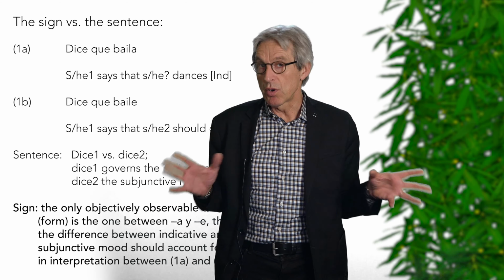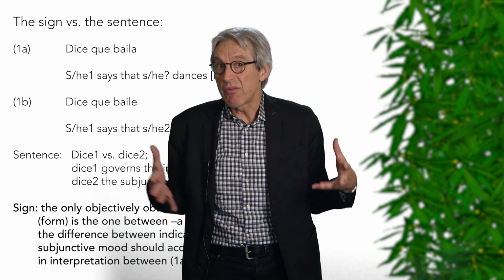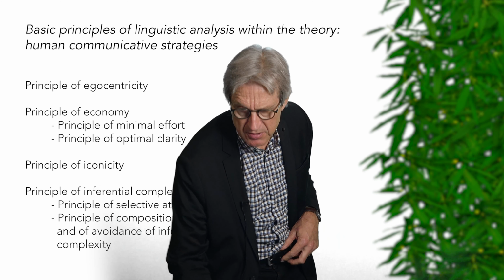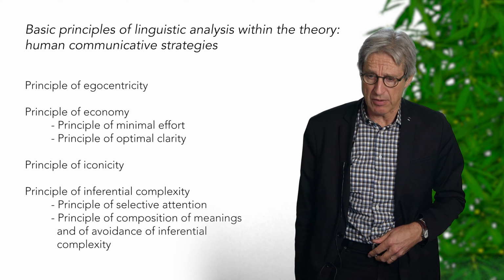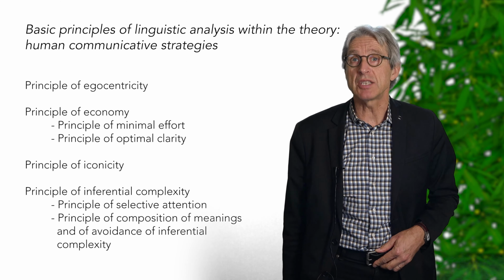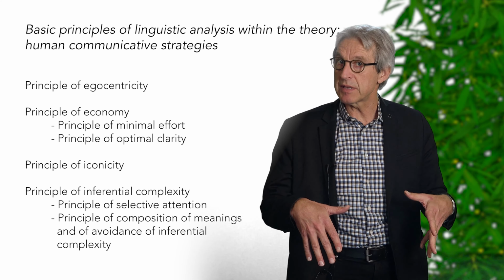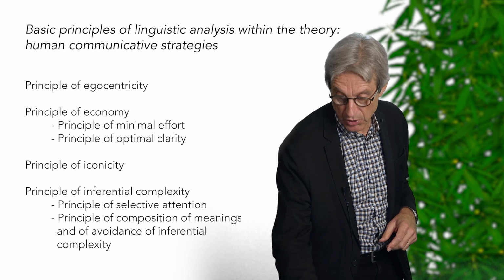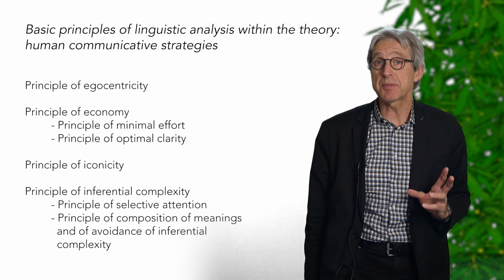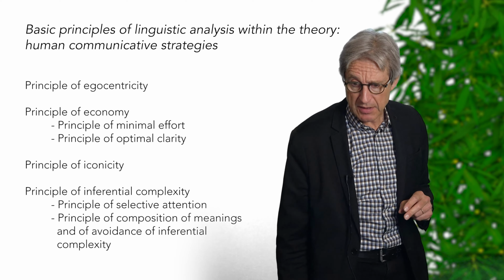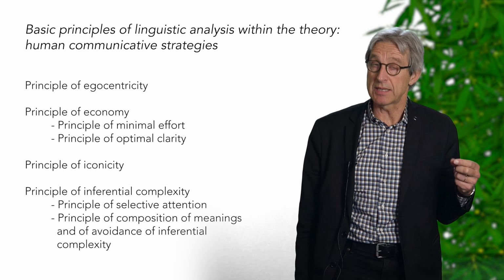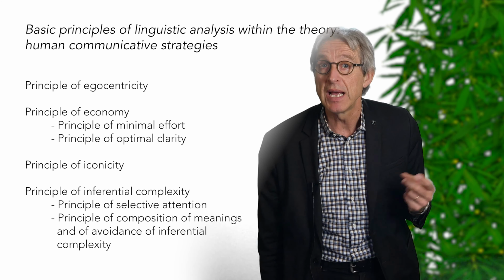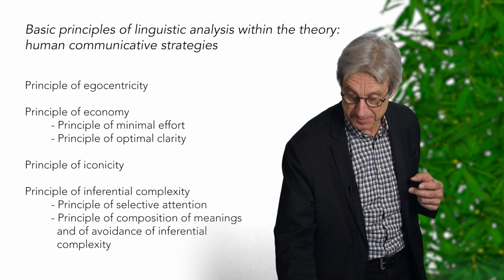Having set more or less our starting point, our rules, so to speak, now we can start to think about what are the basic principles of linguistic analysis within the theory, what we call human communication strategies. First, I will give you a list of them, and then we will see how each member of the list actually works out. So first we have the principle of egocentricity, then the principle of economy, which in itself consists of two sub-principles, the principle of minimal effort and the principle of optimal clarity.